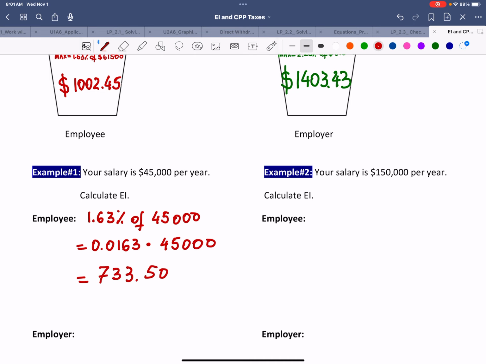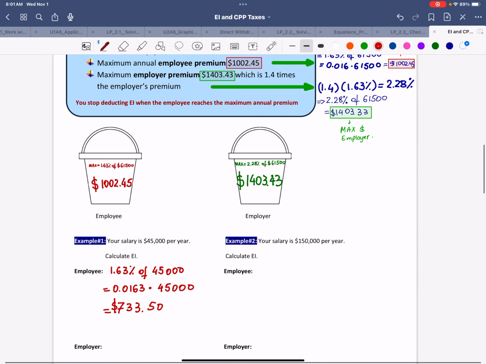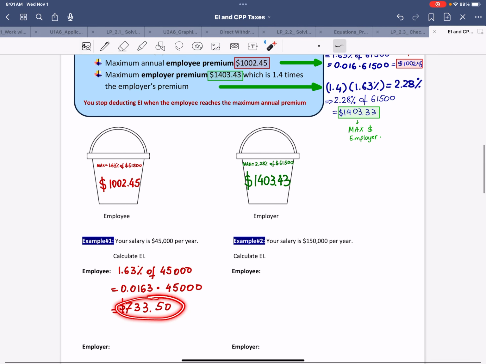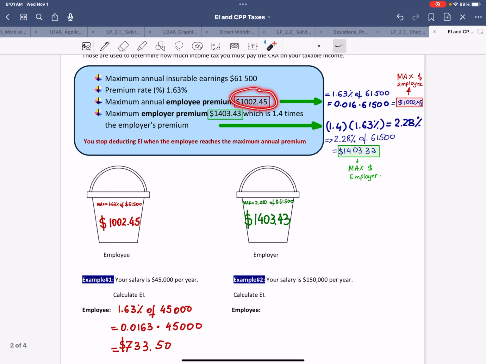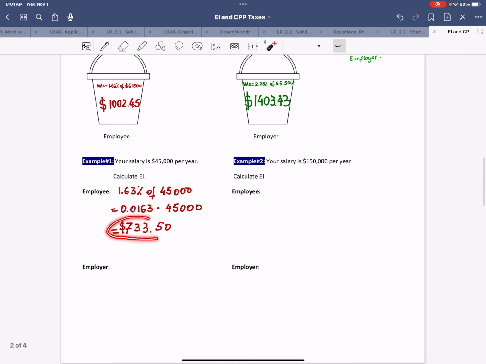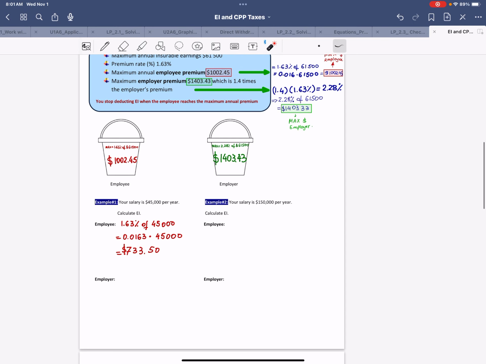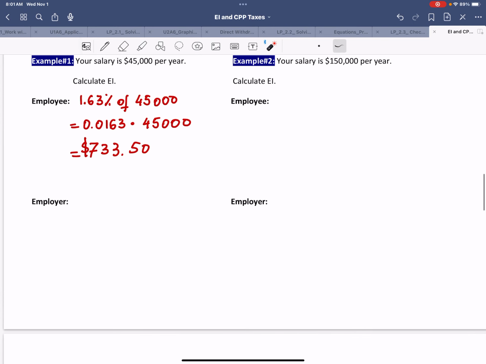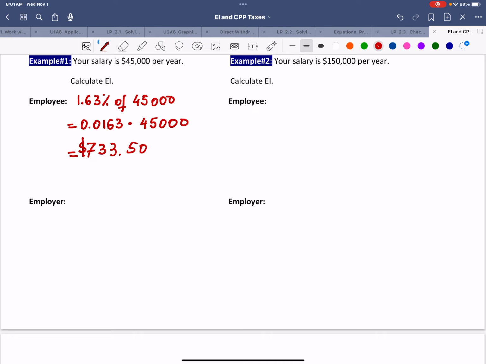So as you can see here, this amount is lower than the maximum that you have to pay in a year, which means that this will be the total amount that the employee pays. The employer, on the other hand, has to pay 1.4 times more than this.